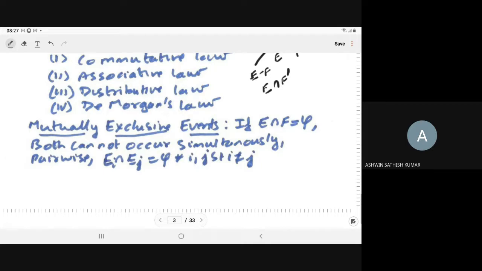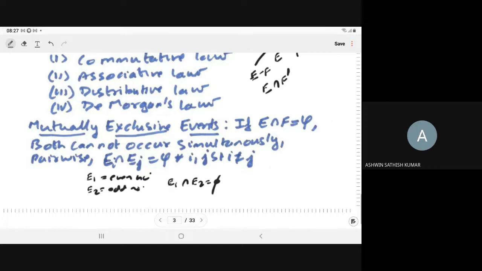For example, if you define E1 as an even number in rolling a die, and E2 as an odd number, then E1 intersection E2 is equal to phi. So when an even number is occurring, an odd number cannot occur, and vice versa. So their intersection is phi.